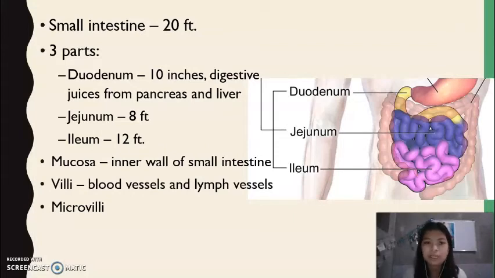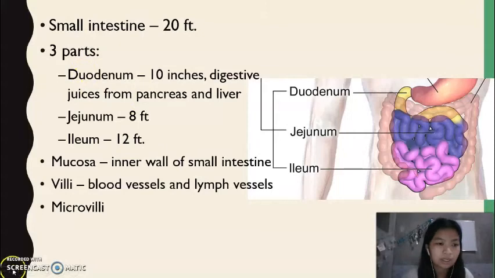So, in the microvilli, nandoon na yung tiniest blood vessel, which we know already as the capillaries. So that the capillaries will absorb the nutrients and it will add those nutrients to the blood.